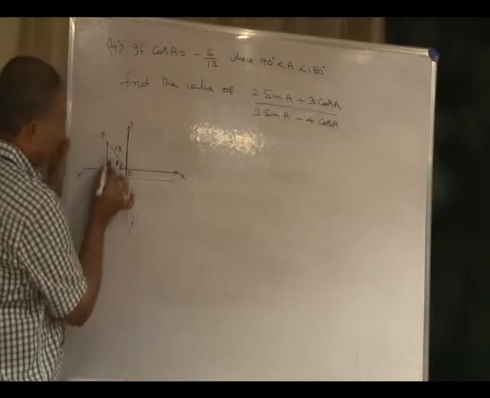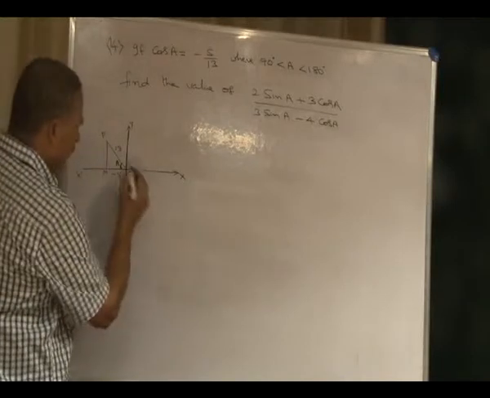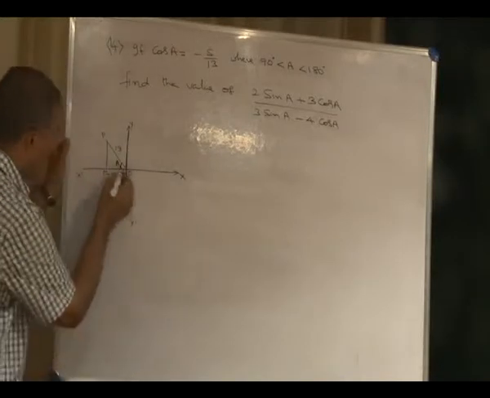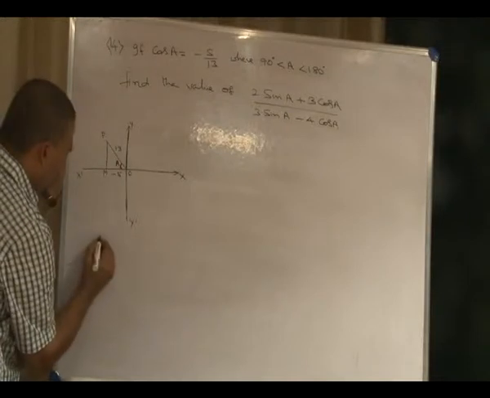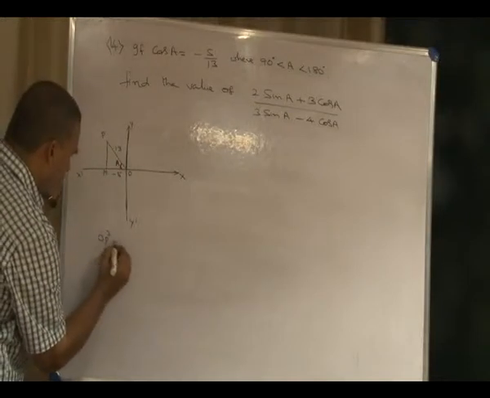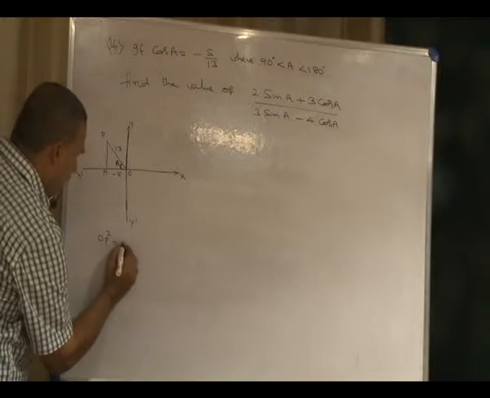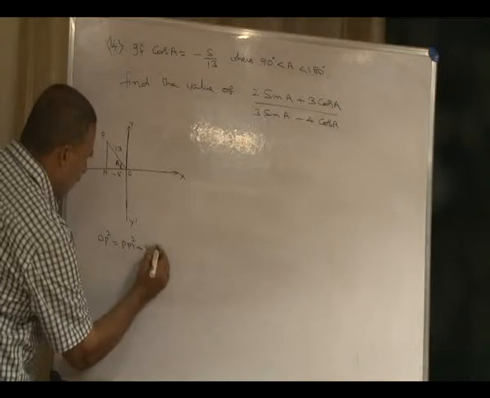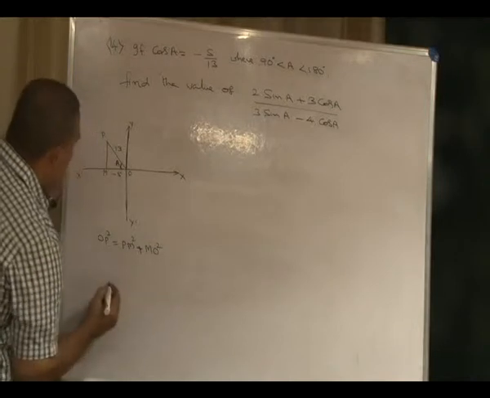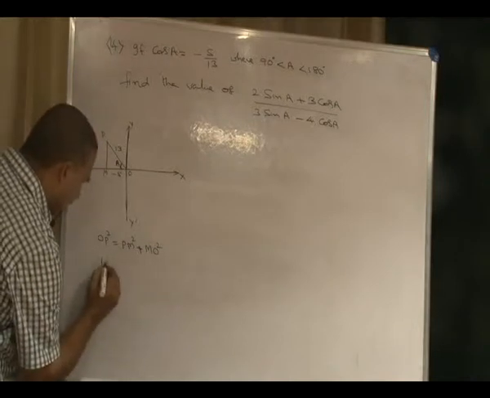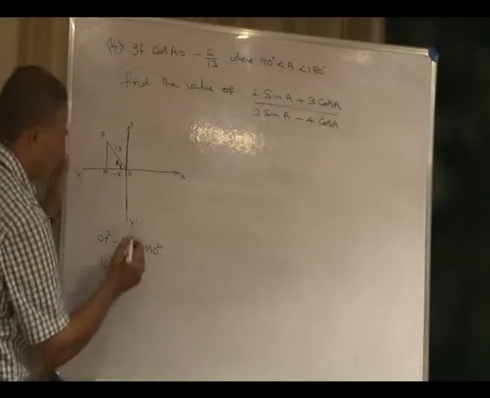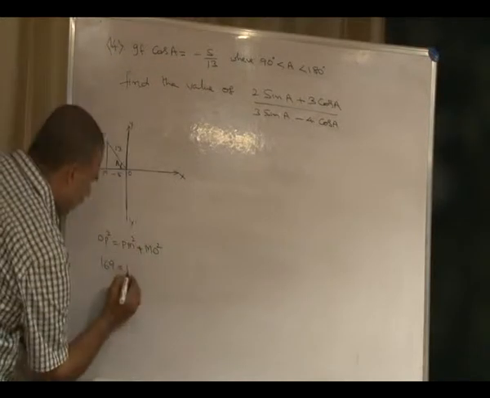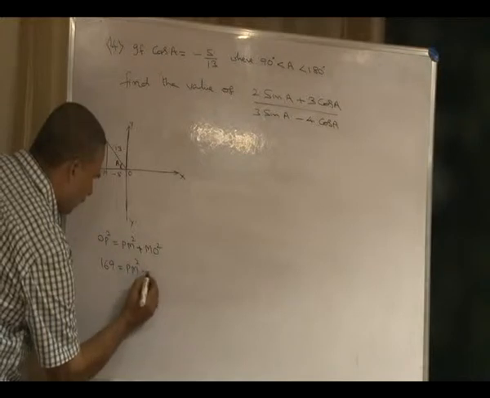Here, from the right angle triangle OPM, OP square equals PM square plus MO square. OP is 13, 13 square is 169. PM is to be found, that is PM square.